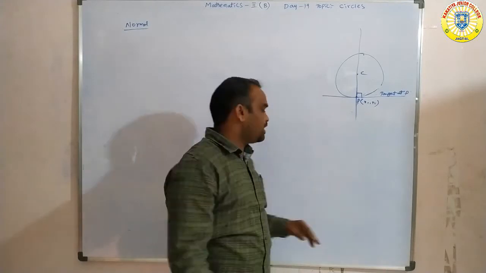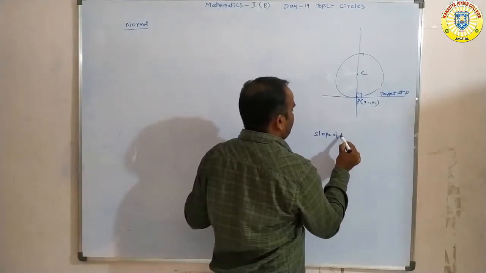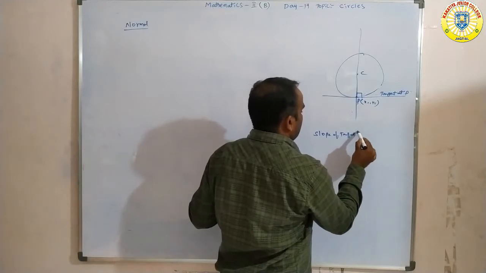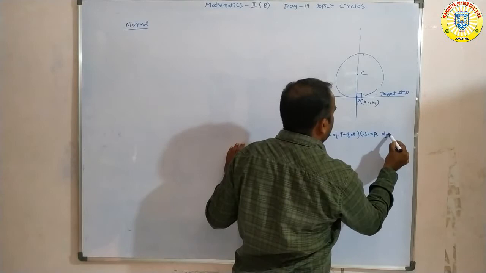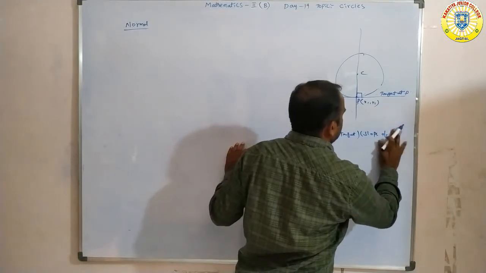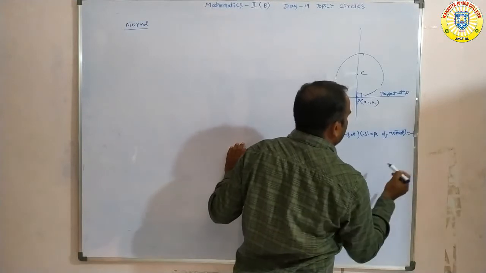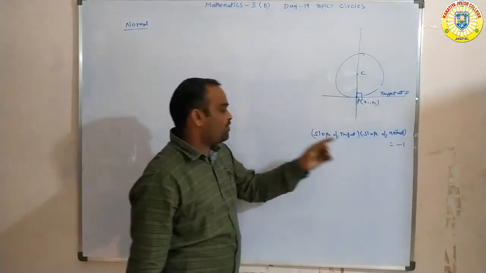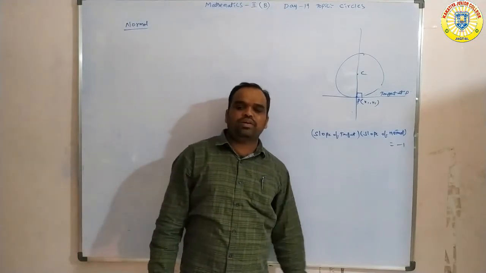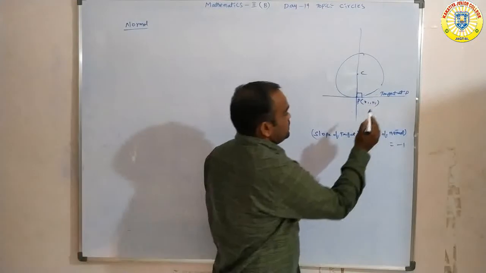That is nothing but slope of tangent into slope of normal is equal to minus 1. Slope of tangent into slope of normal is equal to what is the value? Minus 1.